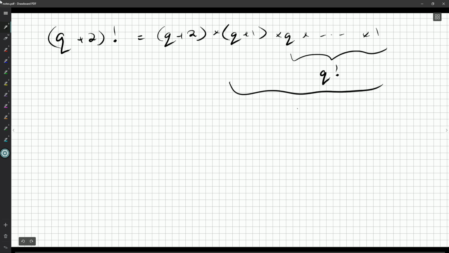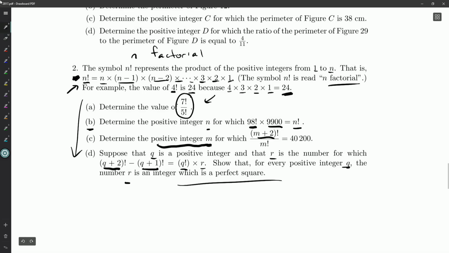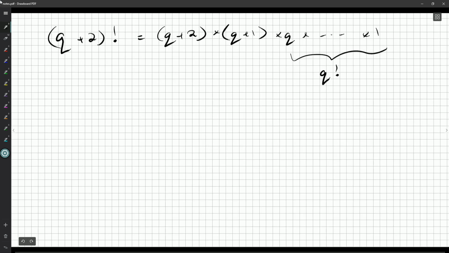Just like this part here is Q plus 1 factorial. But the reason I'm going to break it down into Q factorial is because in the expression they've given me, we've got a Q factorial sitting out here. So we can write Q plus 2 factorial and Q plus 1 factorial as just expressions of Q times Q factorial.